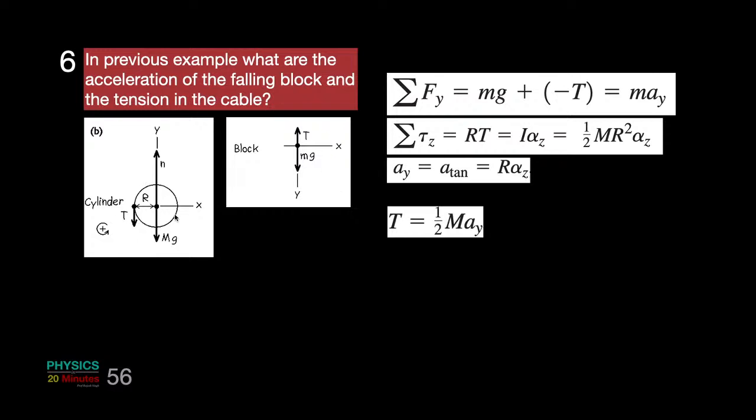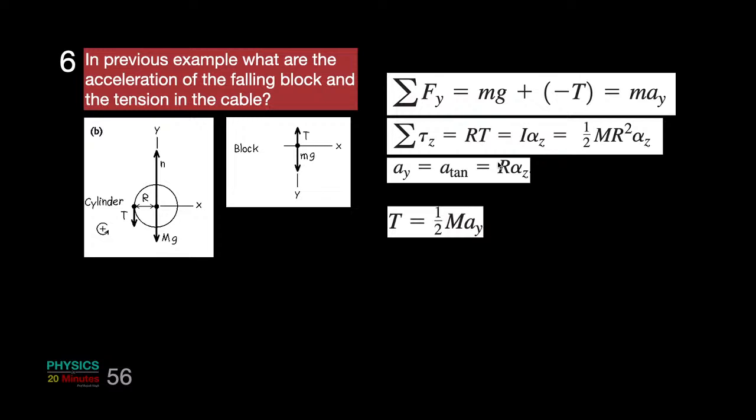The linear acceleration of the block is the same as the linear tangential acceleration of the cylinder. So Ay is equal to A tan, which is equal to R alpha. So these three are my important equations. Once you get these three, the rest is straightforward.